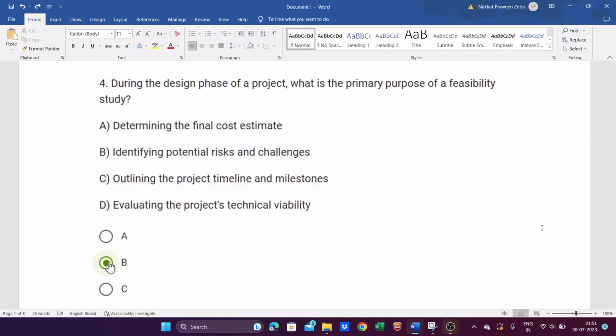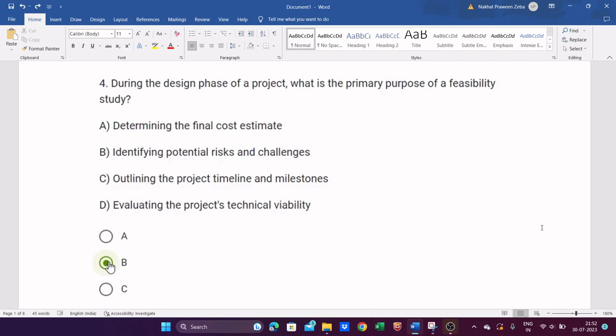But let's see. Option A is determining the final cost estimate, so financial terms are there. Then identifying potential risks and challenges, outlining the project timeline and milestones, evaluating the project's technical viability.